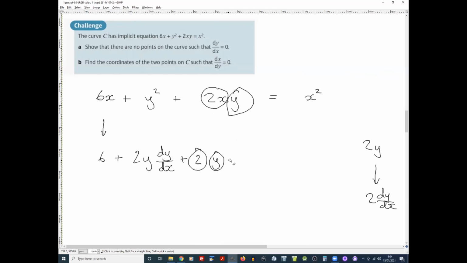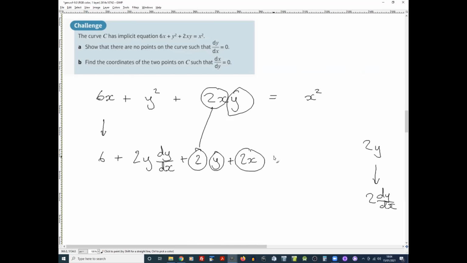When you differentiate the y, it becomes dy over dx. So the derivative of 2x is 2, and then you leave the y. So the first bit is 2y. Oh yeah, you've written that down. I was just doing that. And then the next bit is 2x left alone.